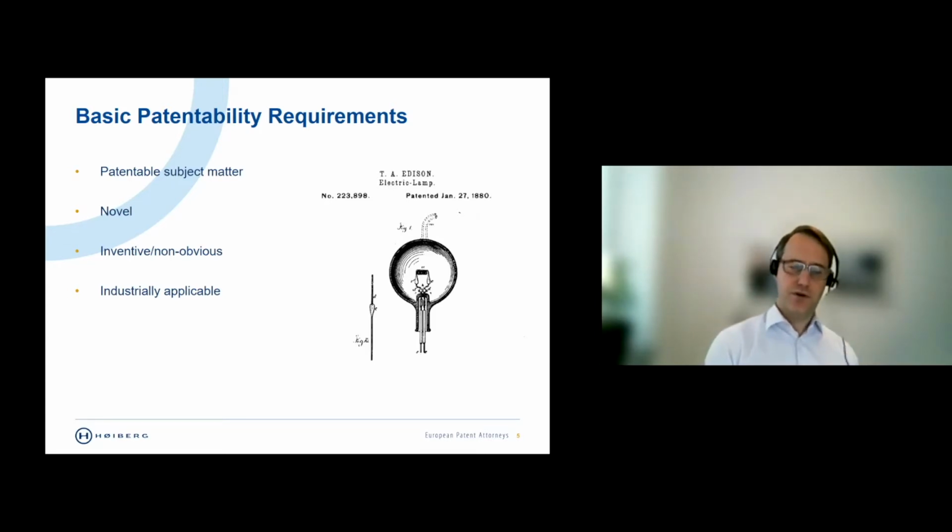Inventiveness, or non-obviousness as it's called in the US, is more of a subjective criterion, meaning that you have to consider the invention, or the progress, or the technical difference compared to what exists, and then assess whether there is something inventive in it.